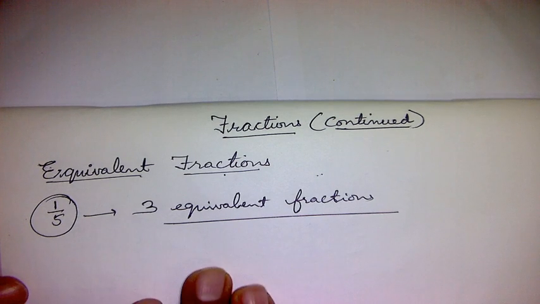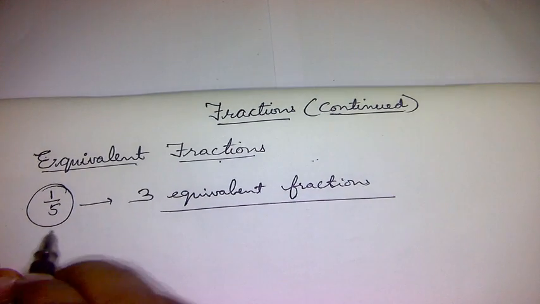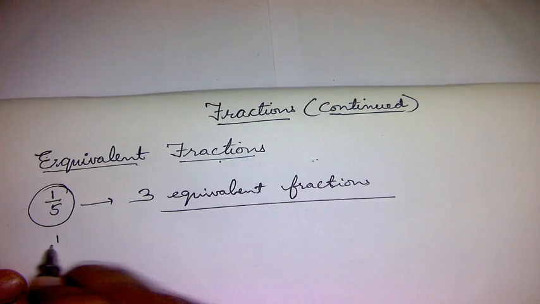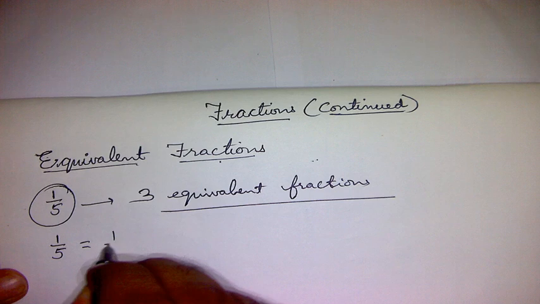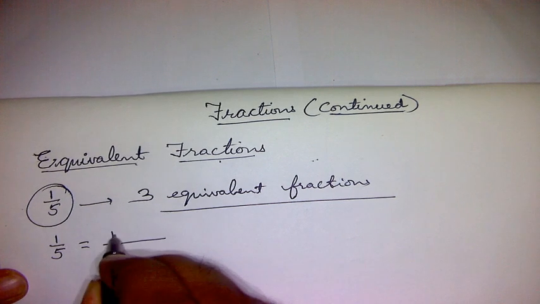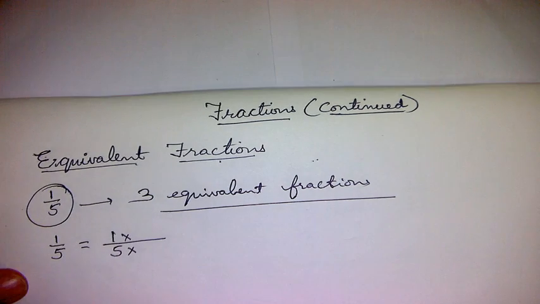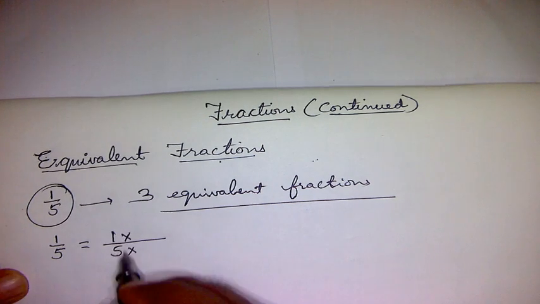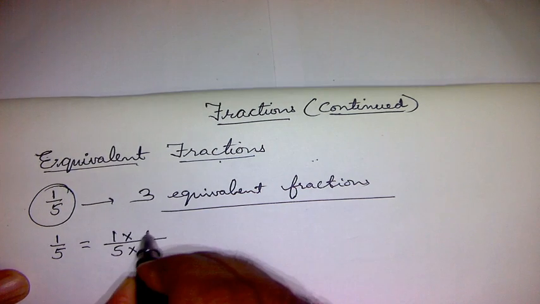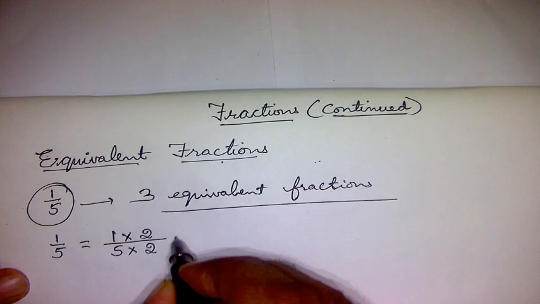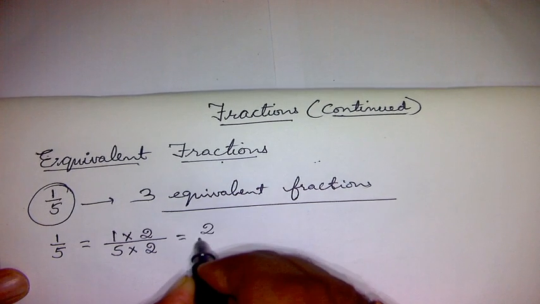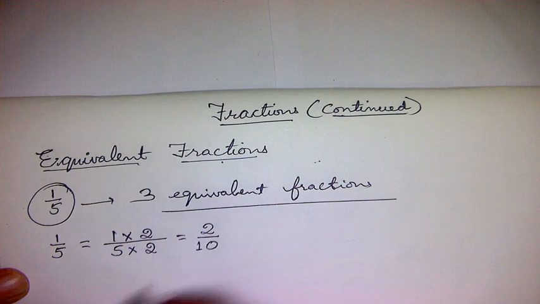In order to find that, we are going to multiply both the numerator and denominator by one value. Say we are multiplying by 2. If you multiply this by 2, you get 2 upon 10.